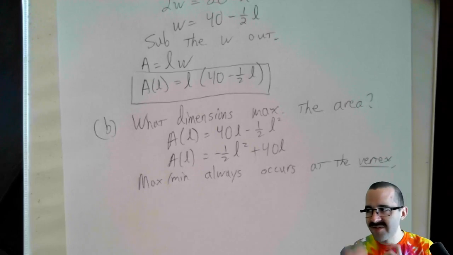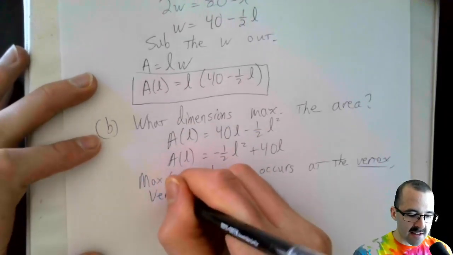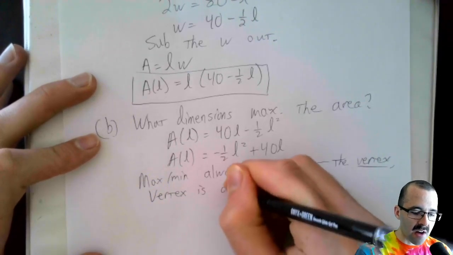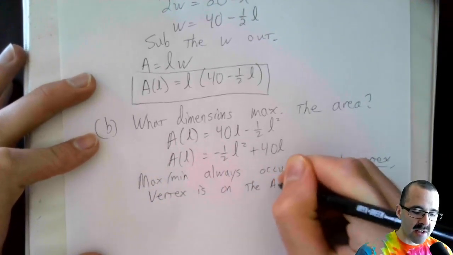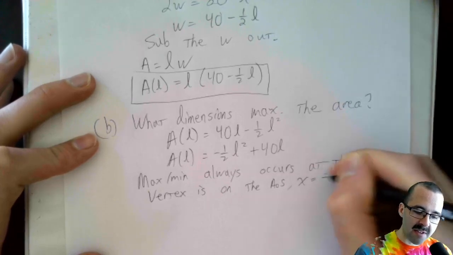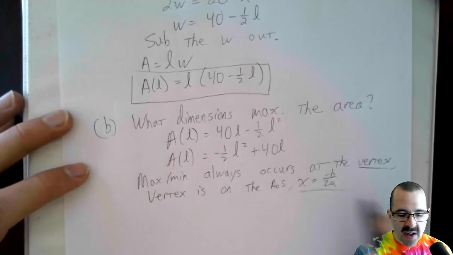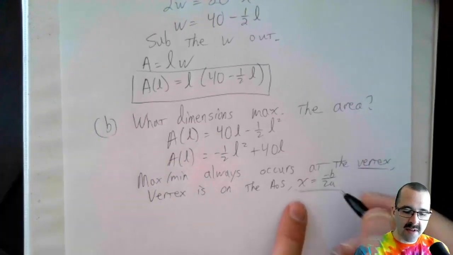All right. So, the vertex is on the axis of symmetry, which is the line x equals negative b over 2a. And this is something that you can memorize if you want, but remember where it comes from.